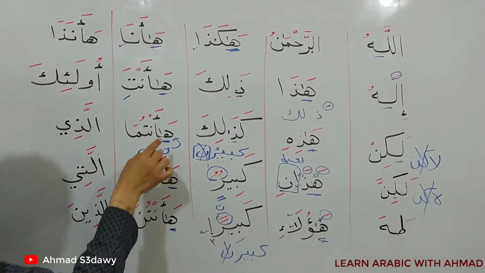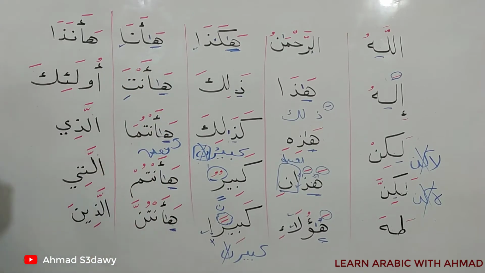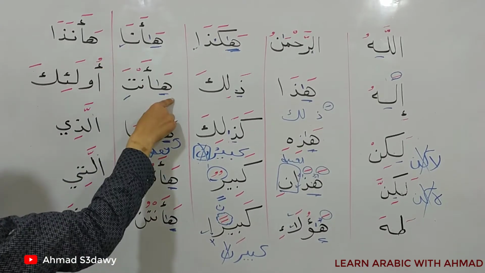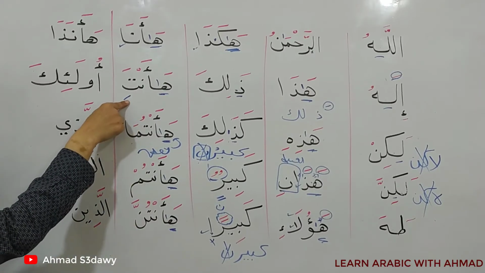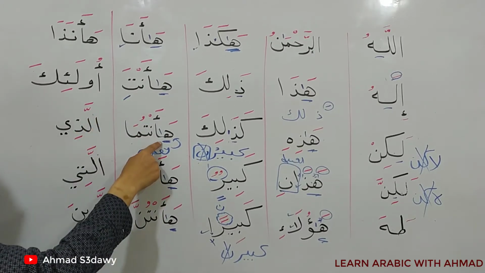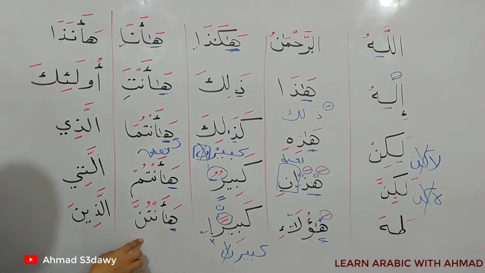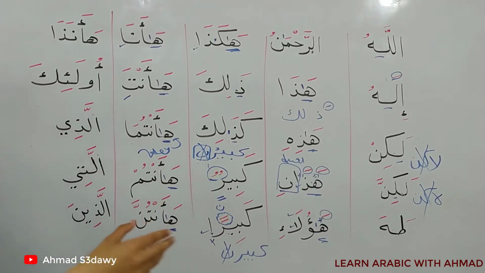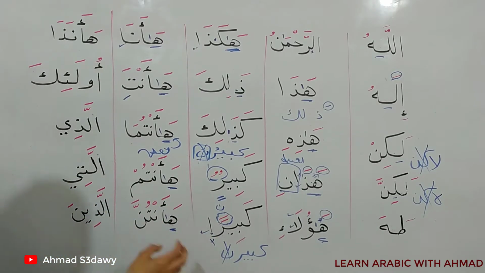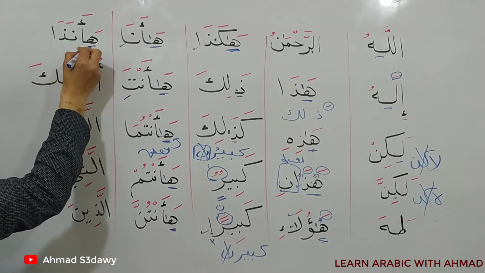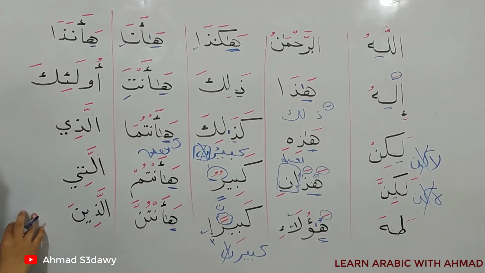It's not written, yes, but you have to pronounce it. Ha ana, ha anta, or ha anti with kasra if you're talking to a girl. Ha antuma, both of you. Ha antum, you guys. Ha antunna, here you are, women, ladies, girls. Here, you see the hey thing, right?